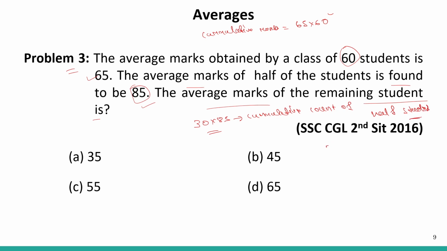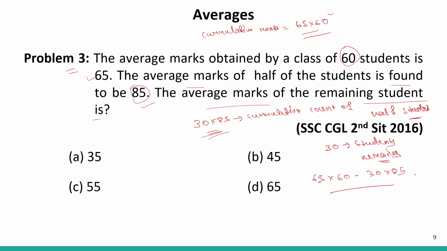How many students are remaining? 30 students remaining. We have the full cumulative marks and the cumulative marks of the half. So we do 65 into 60 minus 30 into 85.